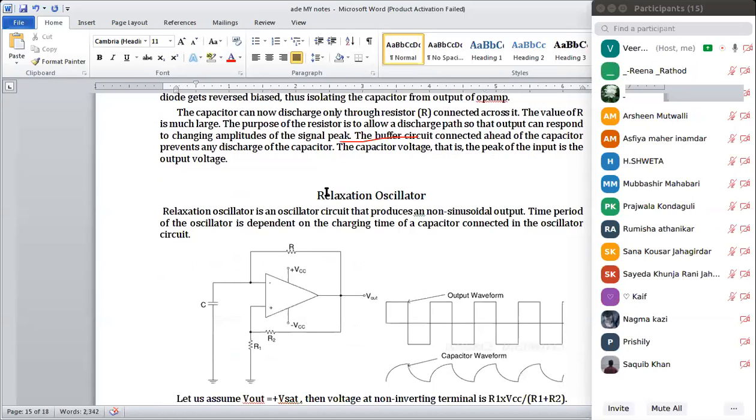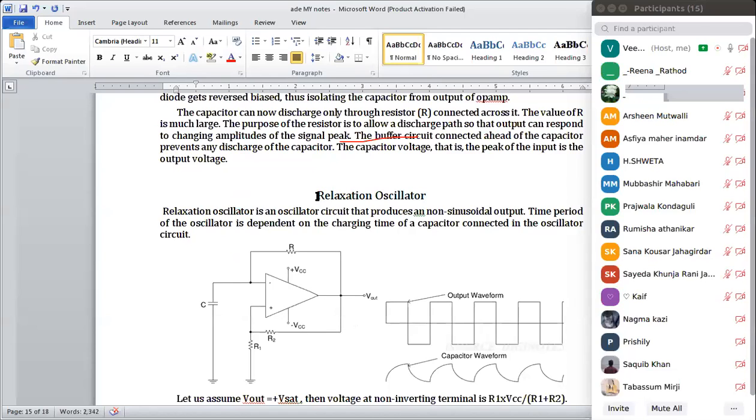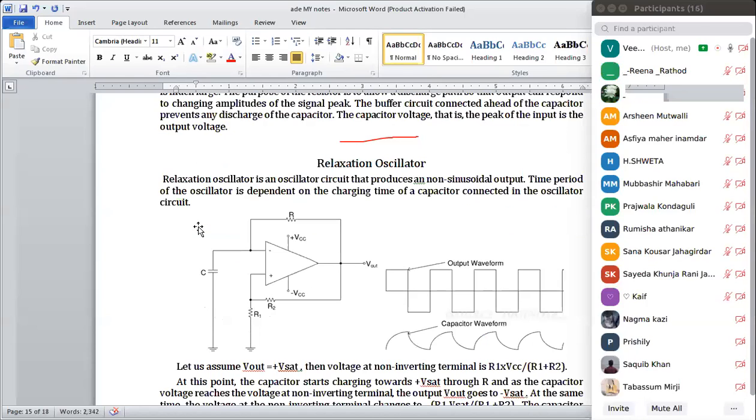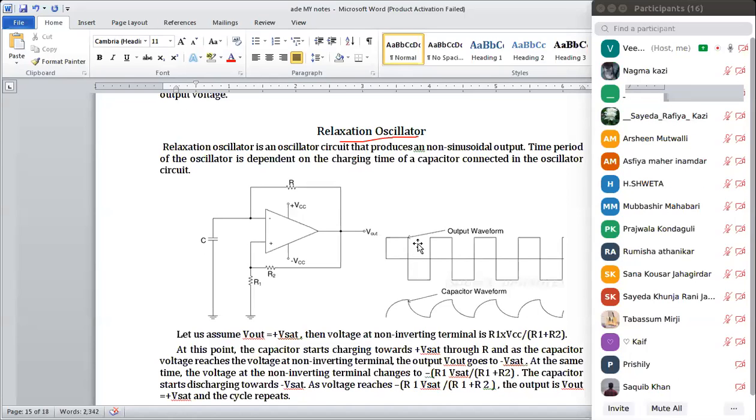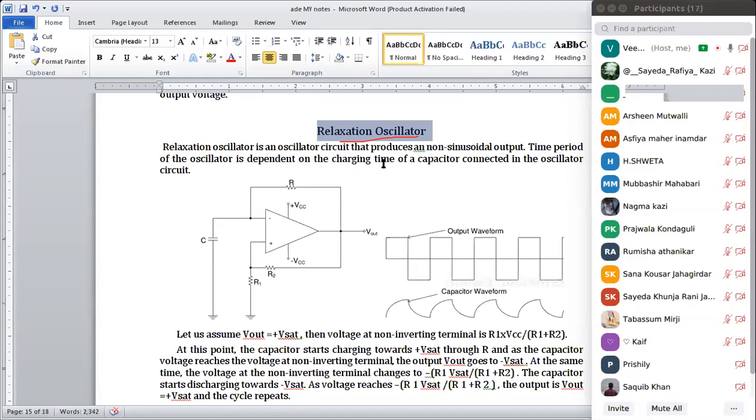And also we have seen a relaxation oscillator, that is how we can produce a non-sinusoidal or a square wave output through a capacitor with a beginning saturation voltage. With a simple circuit, we have generated a square wave output, which is also called a relaxation oscillator.